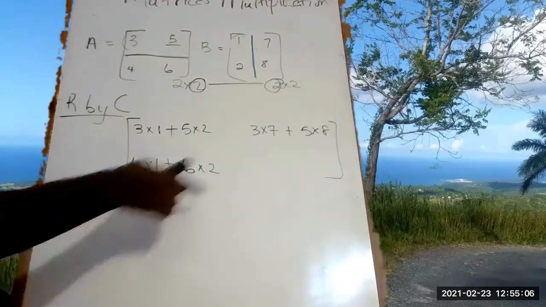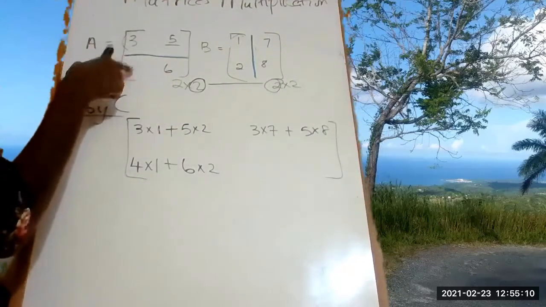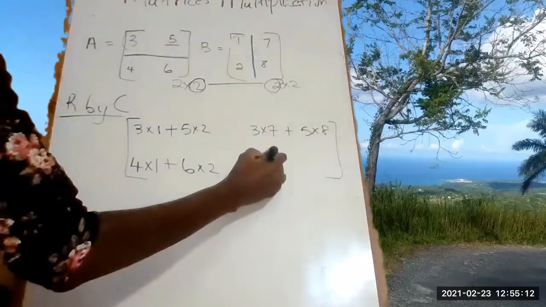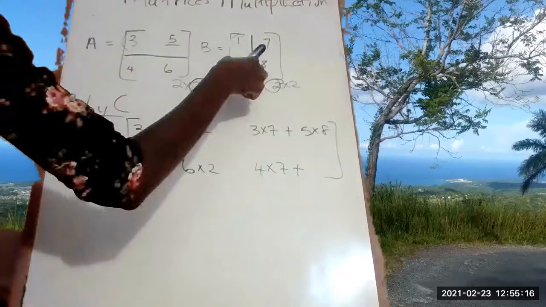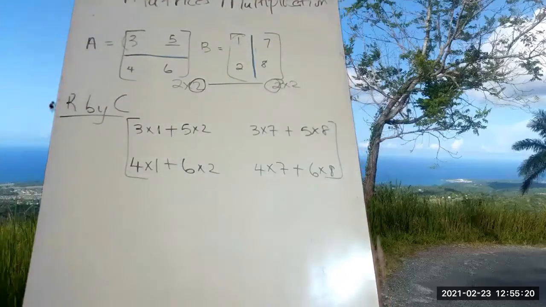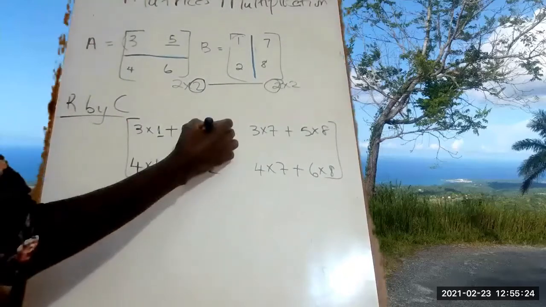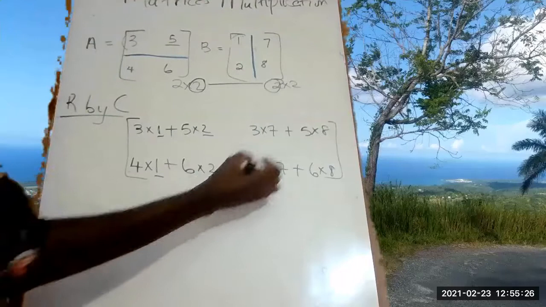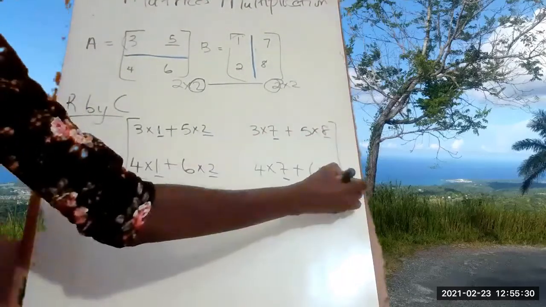Then we go to the second column. So we're multiplying using the second row again. 4 times 7 plus 6 times 8. So notice 1, 1, 2, 2, 7, 7, 8, 8.